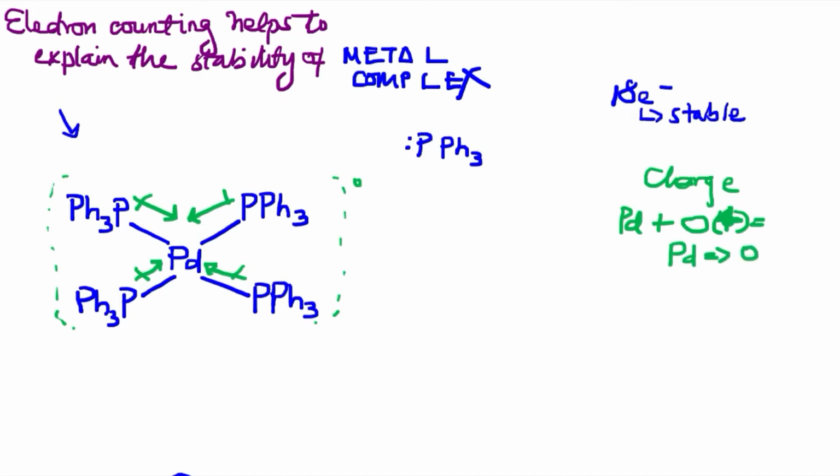In this particular case, what we can infer is that palladium has 10 electrons if you look at it in the periodic table.